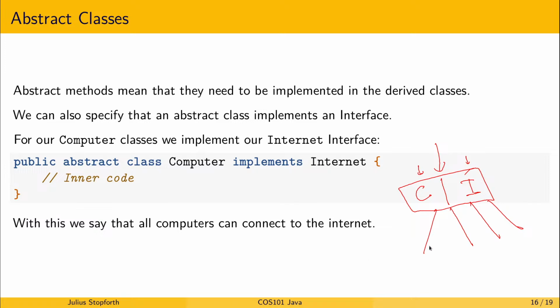It doesn't stop derived classes from implementing their own extra interfaces. It just means that they all must implement this interface. Does that make sense? I get that, sir. Yeah. Okay. All right.